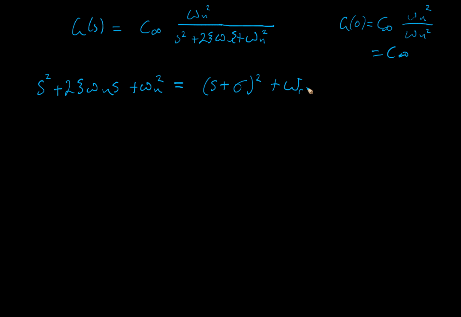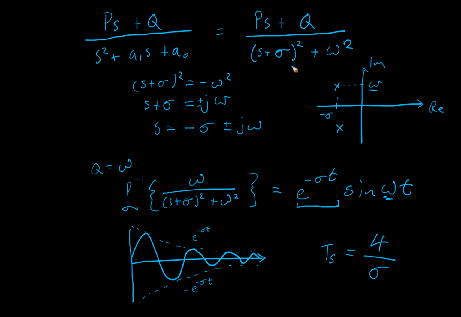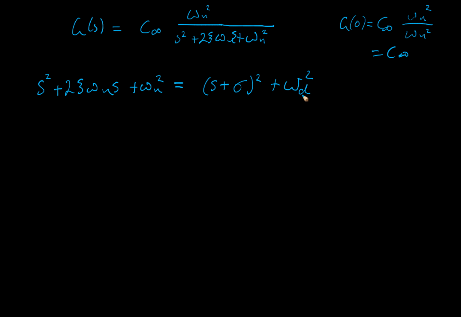Now I'm going to call this omega d now. So this was the omega on the previous slide, and omega d here is going to stand for damped frequency, and omega n is going to stand for natural frequency. Now if we expand this out, we get s squared plus 2 sigma s plus sigma squared plus omega d squared.